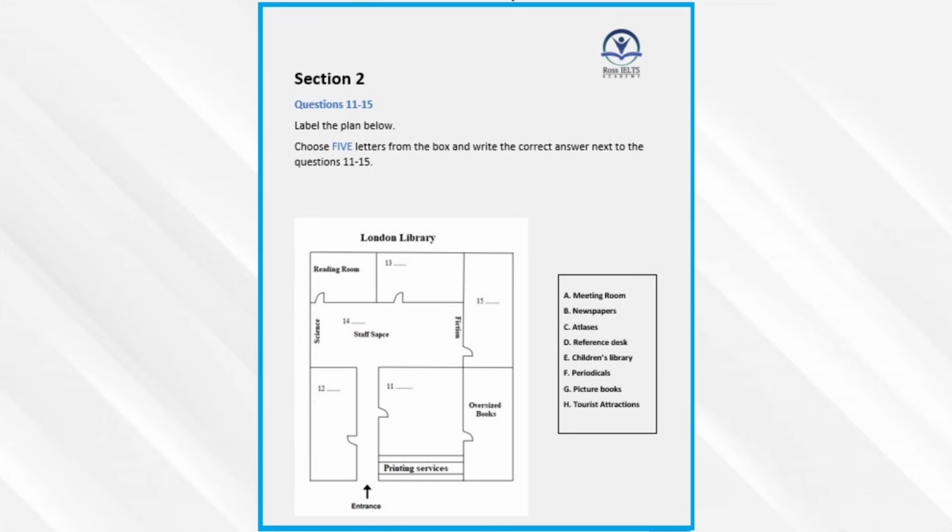If you carry straight on, you'll arrive into a large room which is the staff space. Crossing this area next to the reading room, you'll find the meeting room. And before entering that, next to the science shelves, you can see the local tourist attractions. We have planned to add a reference desk there very soon.